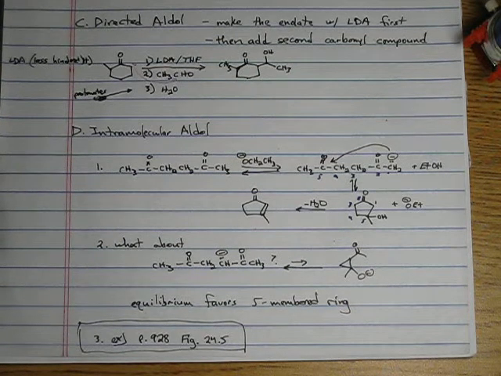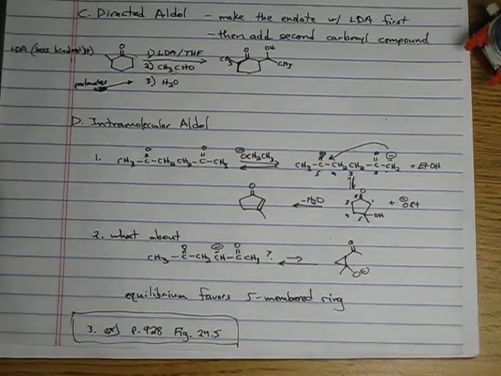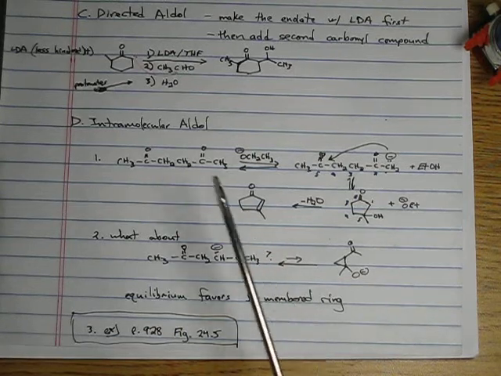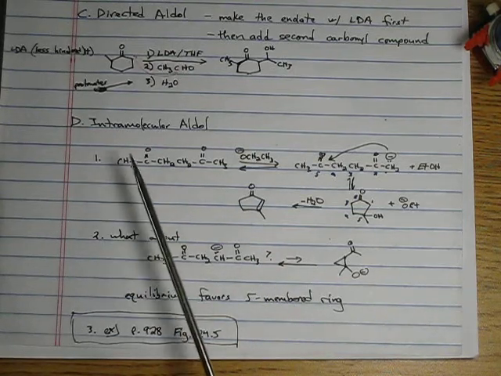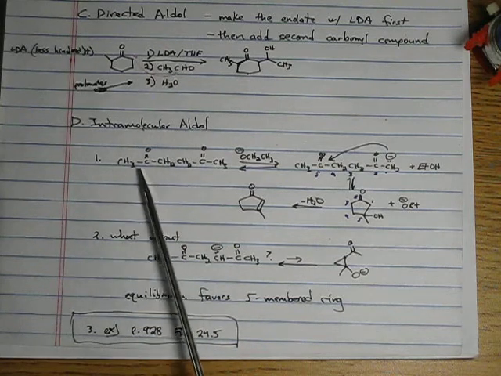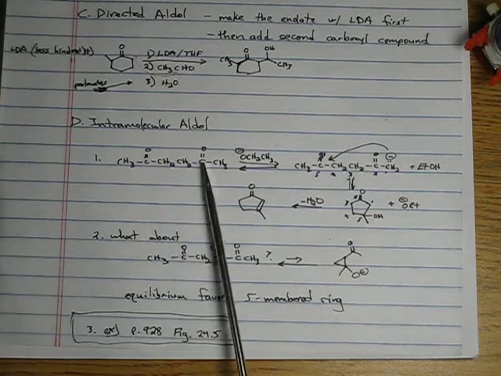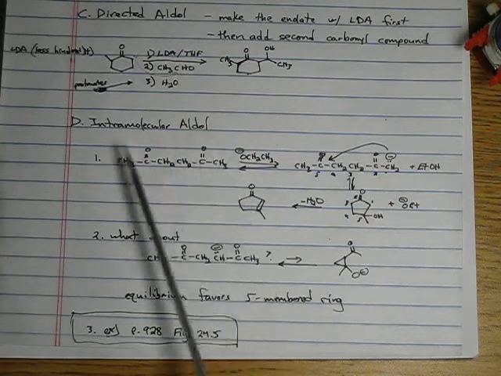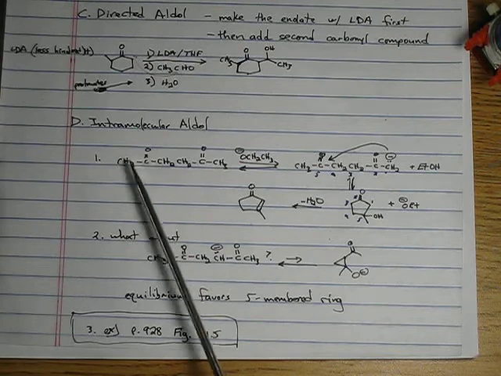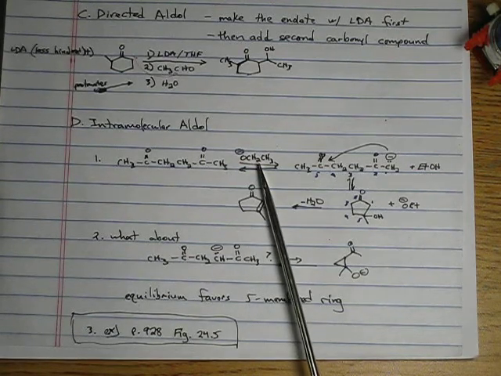All right. Well, what if we did an intramolecular aldol? Check this out. What if instead of putting two ketones or aldehydes in there, we just start with one dicarbonyl compound, but give it enough space in between these two carbonyls that we can form a ring? If we took this beast right here and added base to it, where are we going to form the carbanion?